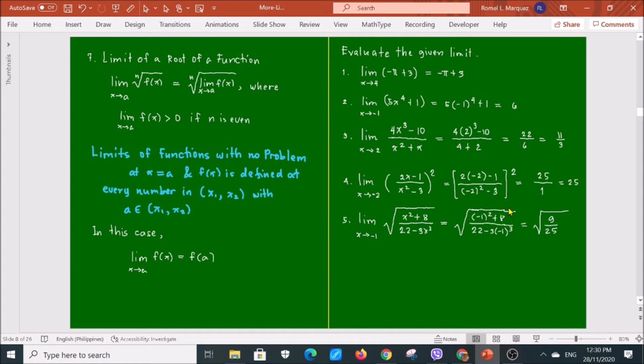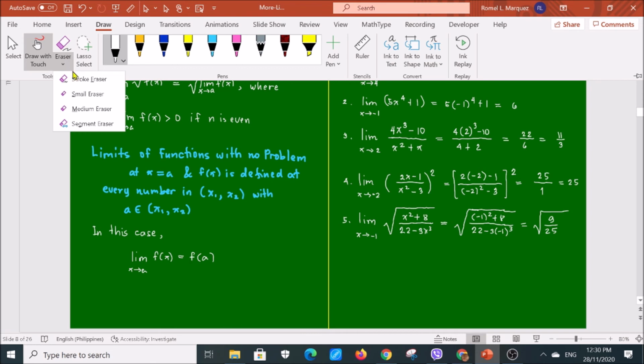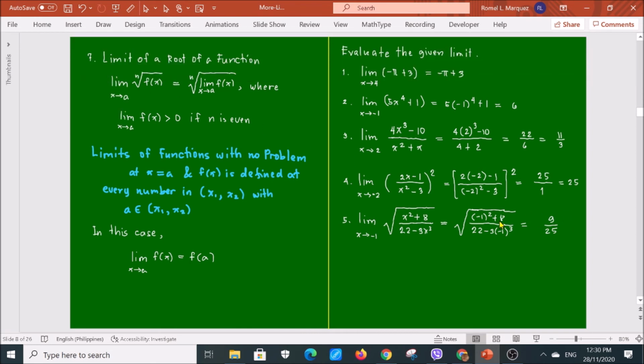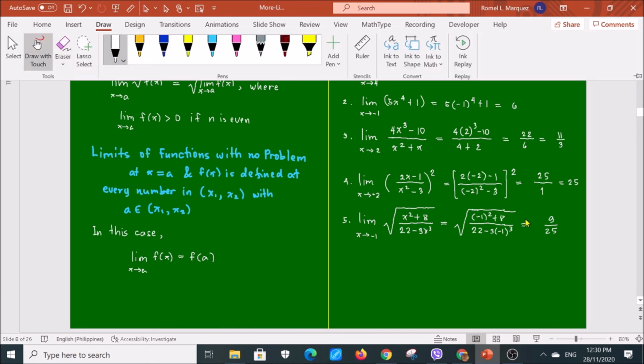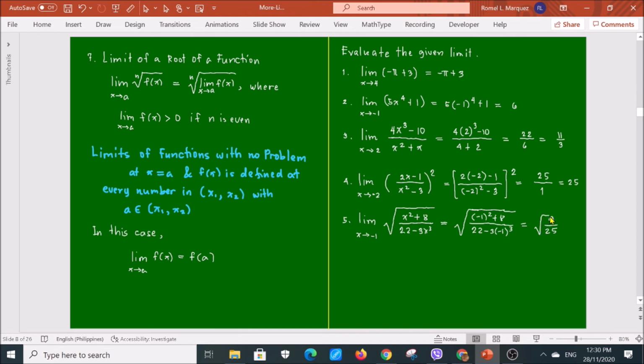And that is equal to what? What is that equal to when simplified? Square root of 9 over 25. 3 over 5. Okay now, guys? Okay? So what about this one?